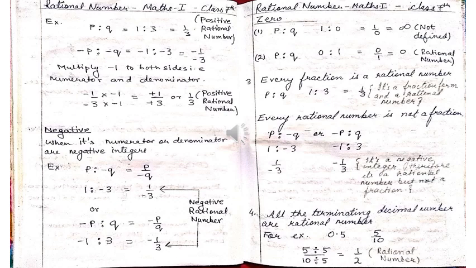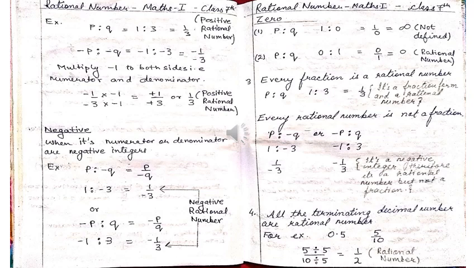Take an example, p to q is 1 to 3. We can write it as 1 upon 3. That is a positive rational number. Now if both the numerator and the denominator have the minus sign, then these minuses will be cancelled, or you can say it will be multiplied by -1 in the numerator and -1 in the denominator, and that will turn into positive.